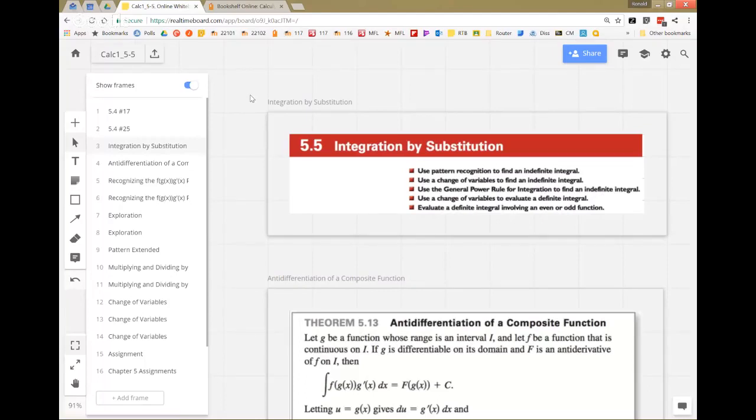So one more time, any 5.4 questions? Okay, let's dig into 5.5.